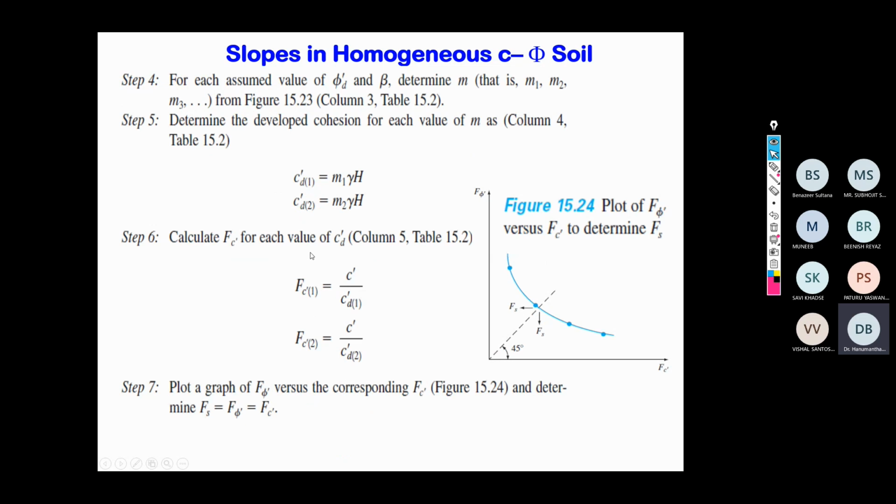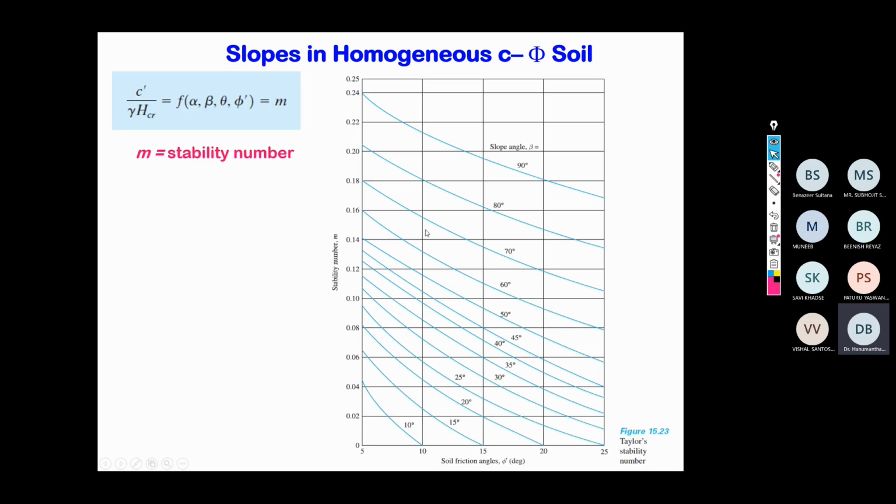Now in step 4, for each assumed value of phi'd and beta, determine m, that is m1, m2. Determine m from figure 15.23. So this figure. I have assumed some value of phi'd here, and I know the value of beta. So for the assumed phi'd value, draw a vertical line and intersect it with the line corresponding to the beta value.